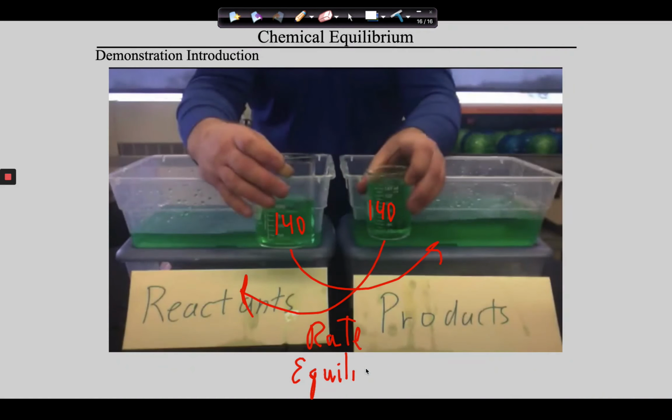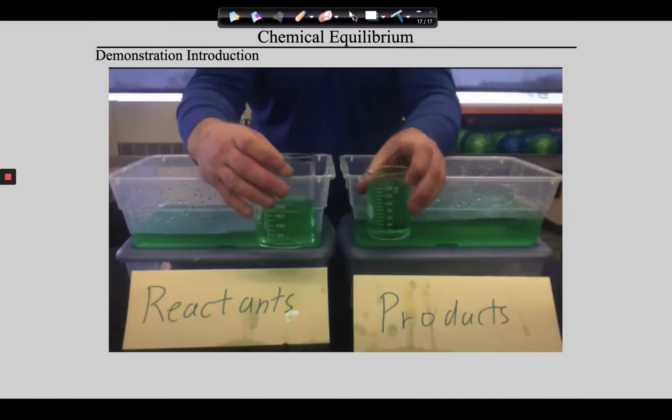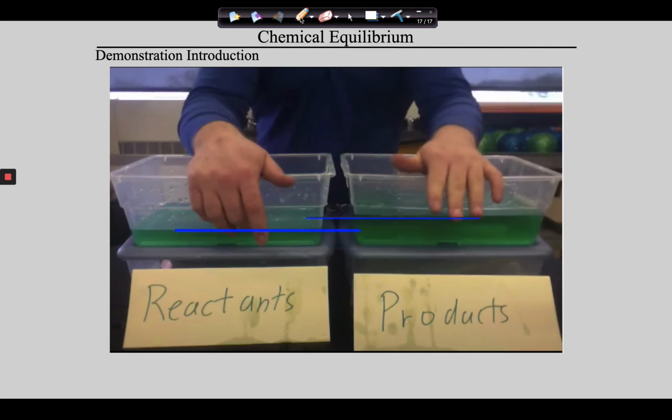This represents equilibrium. But you'll notice as well, if we look at the amount of water that is inside the bins, notice he drew in these lines, these are not equal. So with the beakers, we were moving the same amount of water forward and backward.